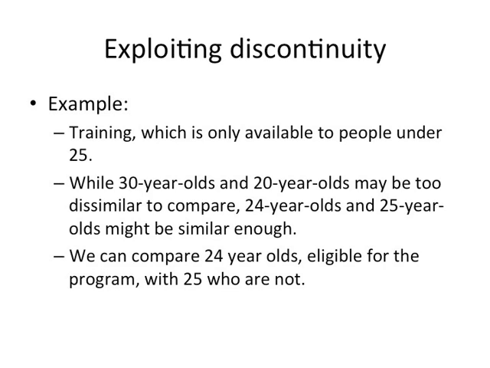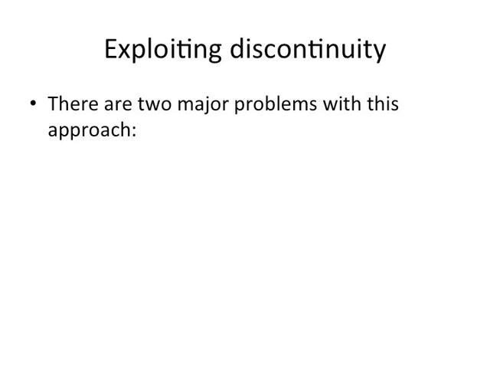We can compare 24-year-olds and 25-year-olds both before and after the program, and then estimate the effects of the program. In other words, the people just below the program threshold are, in this case, the treatment group, and the people just above the threshold will be our comparison group.